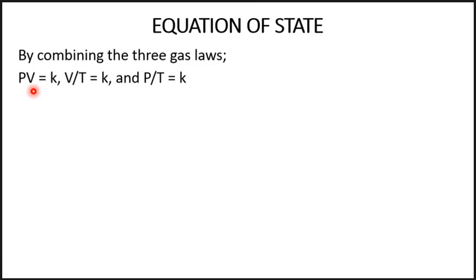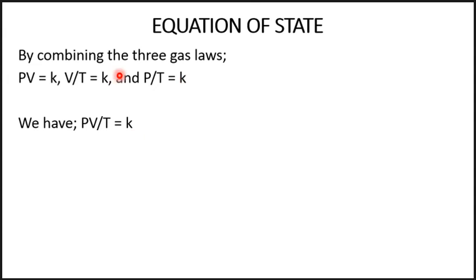This is for Boyle's law, this is for Charles' law, which we've derived before now, and this is for the pressure law, which is Gay-Lussac's law as well. So if we combine these three, we are going to have PV over T equals K. That is just very simple.